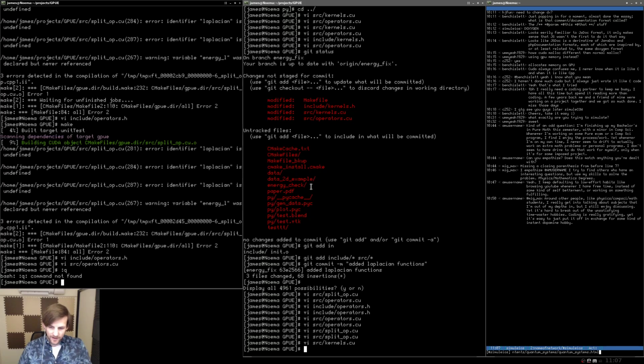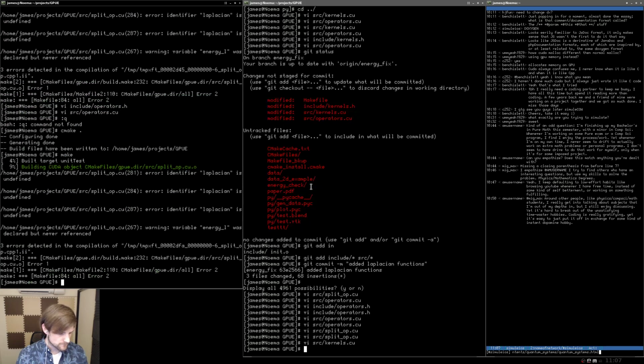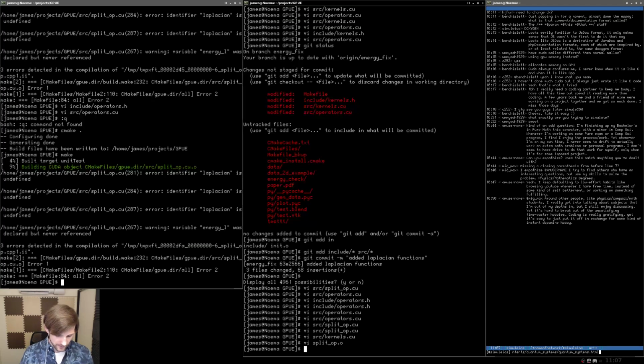Okay. Why can I not find the Laplacian? It says, files GPUE. Maybe I need to CMake one more time? I don't know. It's going to vi splitop.cu, oh, that's a binary file.